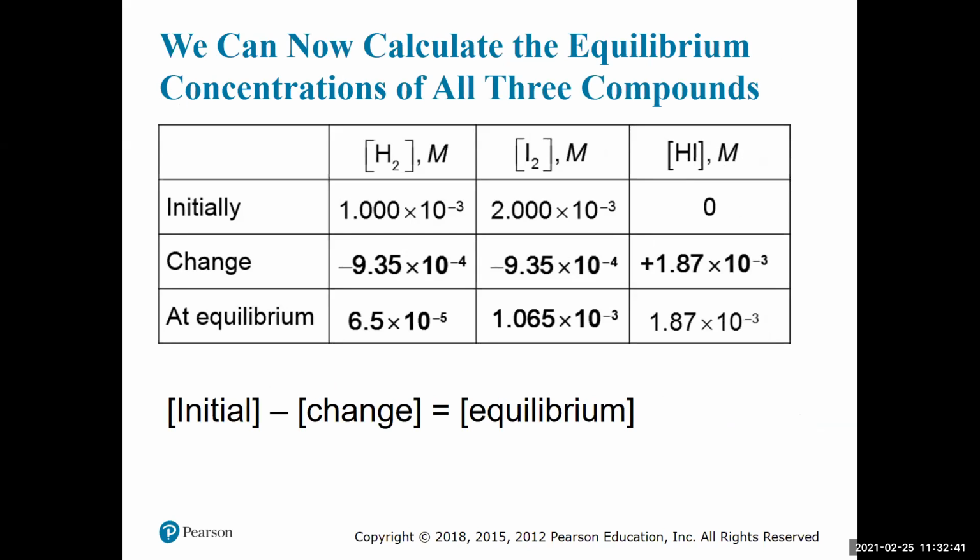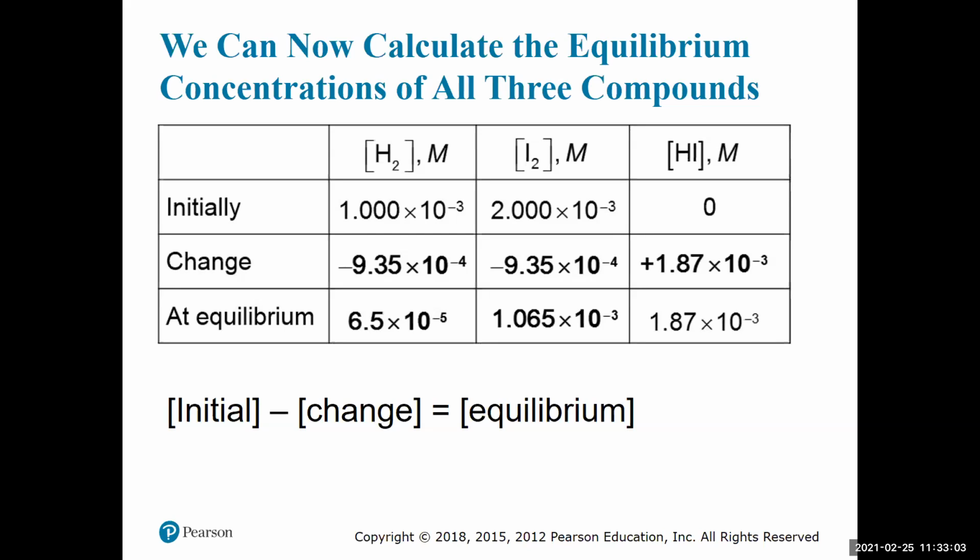I do the same thing here on the I2. I subtract this 9.35 times 10 to the minus 4 from 2 times 10 to the minus 3, and I get 1.065 times 10 to the minus 3. So now in my table here, I've got everything I need, right?